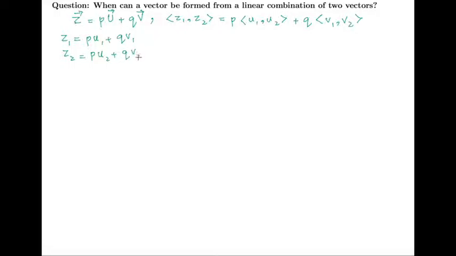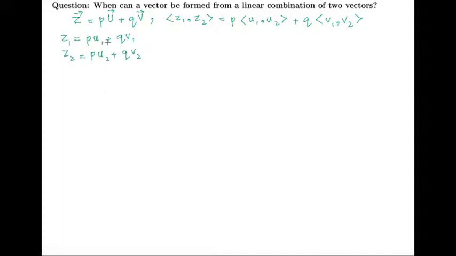So if z is (z1, z2), this equates to p times (u1, u2) plus q times (v1, v2). Then z1 is equal to p times u1 plus q times v1, and z2 is equal to p times u2 plus q times v2.